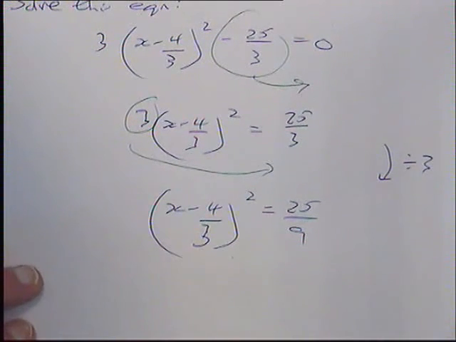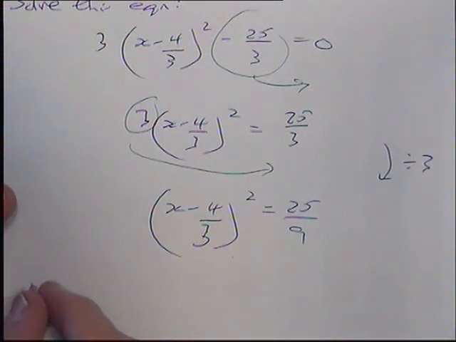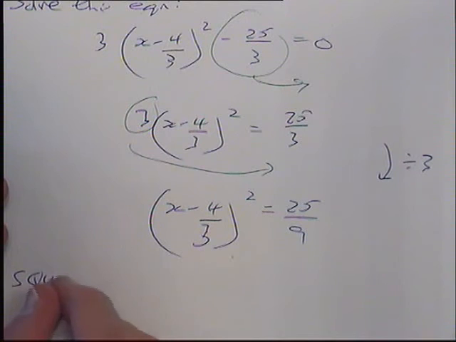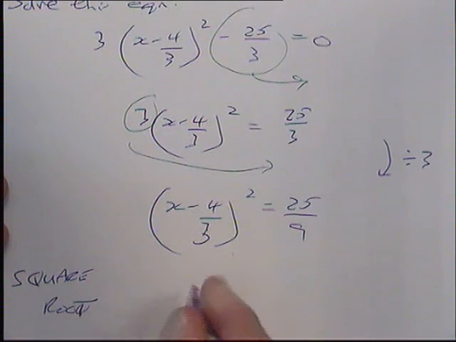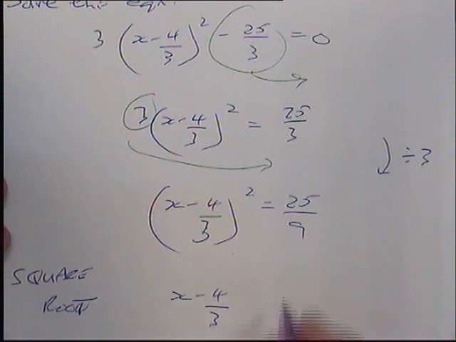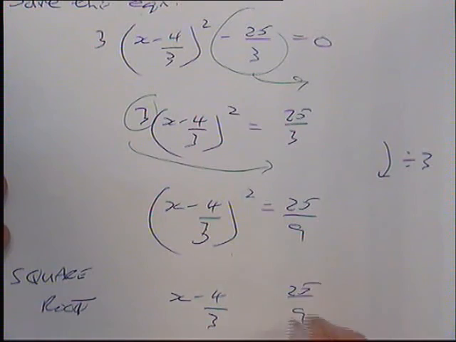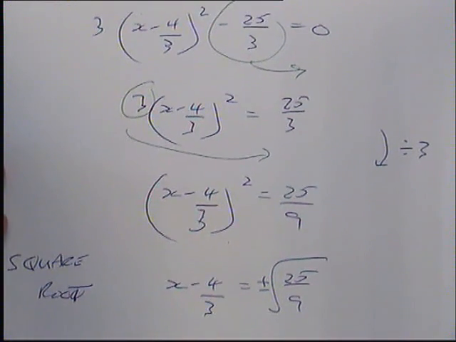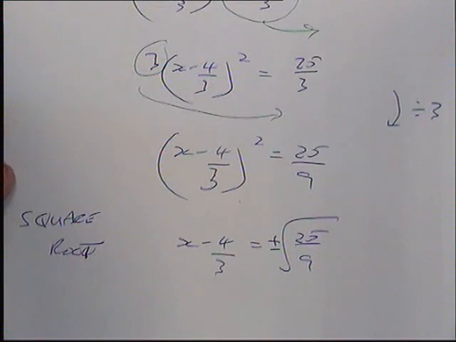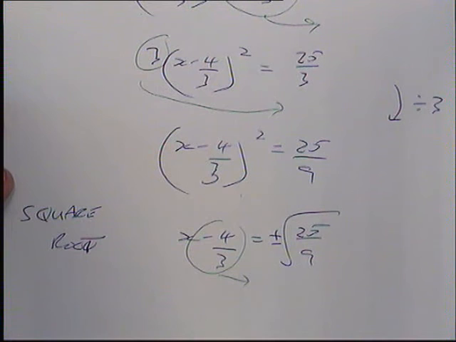I'm trying to work out what x is. What would be the next step? Square root. And what must I remember to do on the right-hand side? Yeah, put the plus and minus in, okay. So 25 over 9, square rooted, but put the plus and minus in to get your two answers. Then finally, that minus 4/3, stick that at the other side.